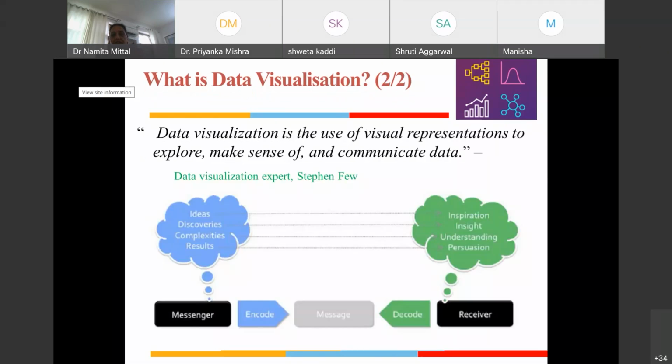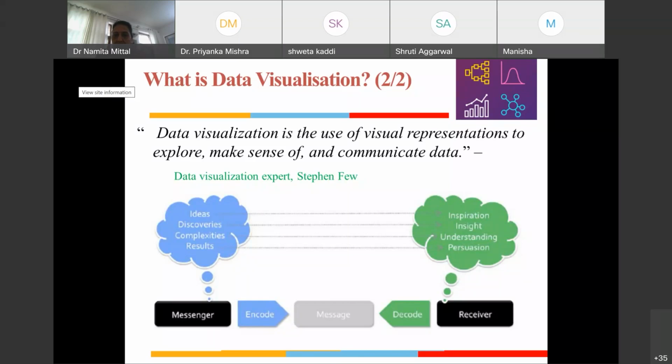So data visualization is the use of visual representation to explore, make sense of everything you do, but if it doesn't make any sense, it's not a visualization. And ultimately, this is to be communicated to the stakeholders. So if we start from messenger to receiver, what happens exactly?